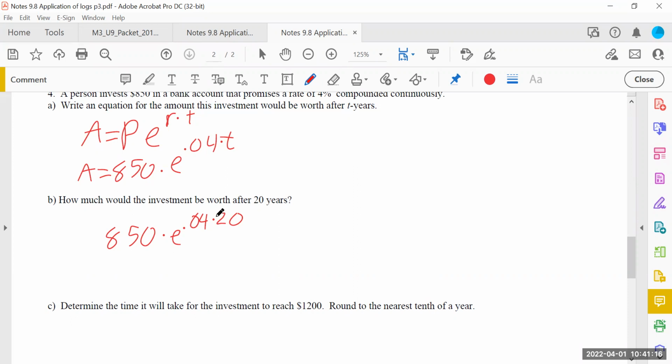This calculator, I think, is going to do this, and it's already raised to a power. I want to make sure it's raised to a power. Parentheses. 0.04 times. See, if it's not happy, it's because it's already raised to a power.